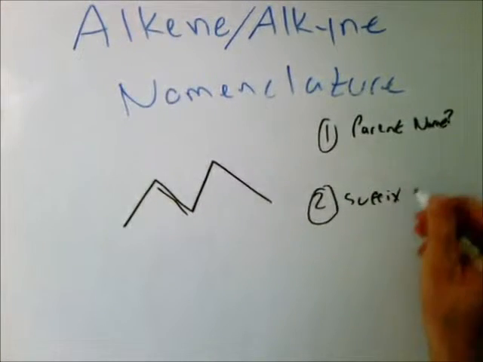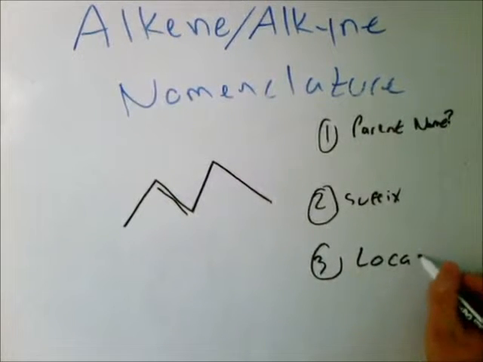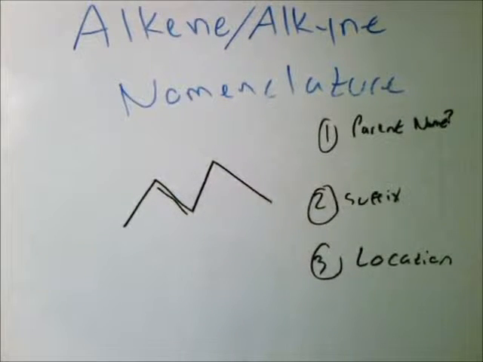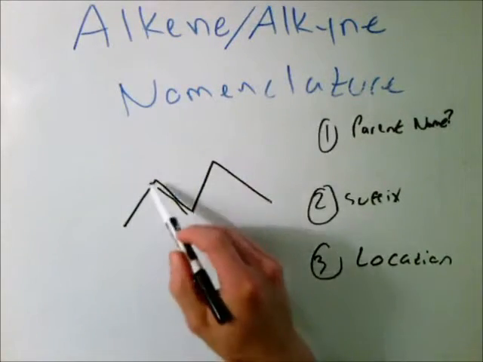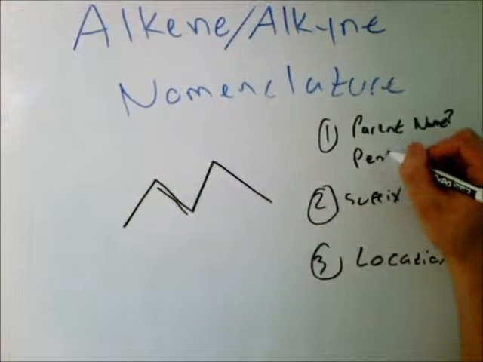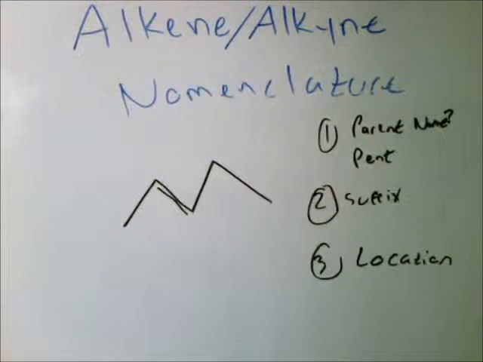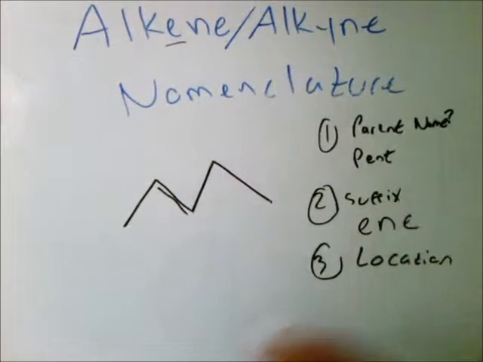So what kind of compound are we dealing with? 3, location. So parent name, that's easy enough. We just have to count our carbons. So we have 1, 2, 3, 4, 5. Parent name is going to be pent. So what suffix do we attach to that? Well, double bond, that means we're going to be dealing with an alkene. So our suffix that we'll attach to pent is going to be -ene.